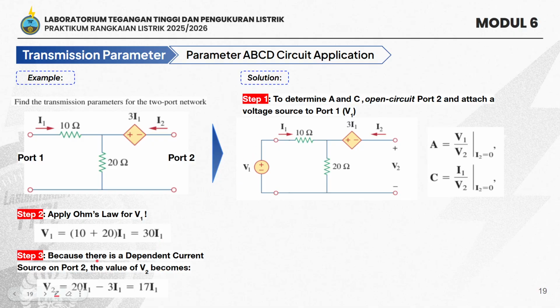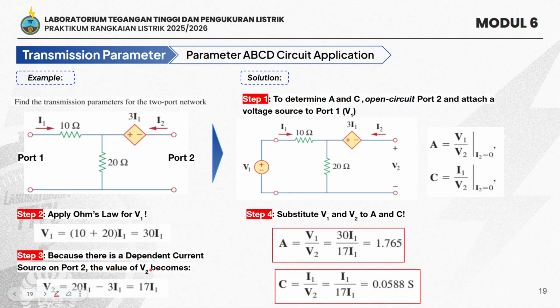And because there is a dependent source on port 2, the voltage at the output port becomes 17 times the current in the input port, because applying Kirchhoff's voltage law gives 20 I1 minus 3 I1, so the value is 17 I1.